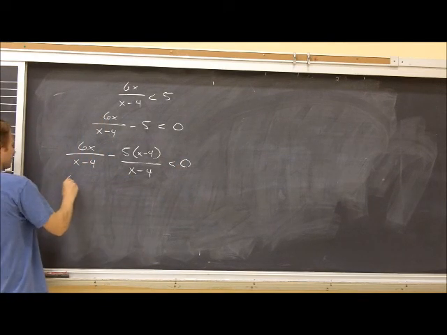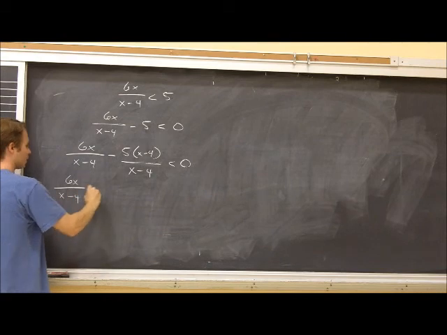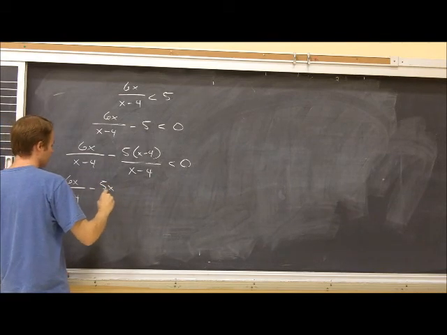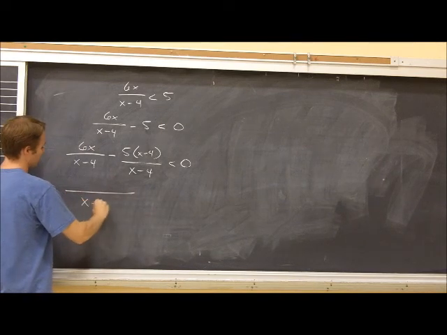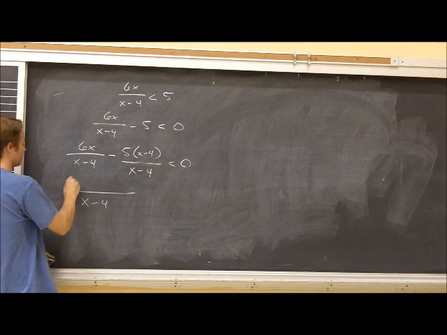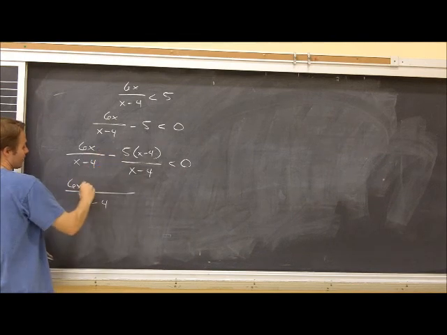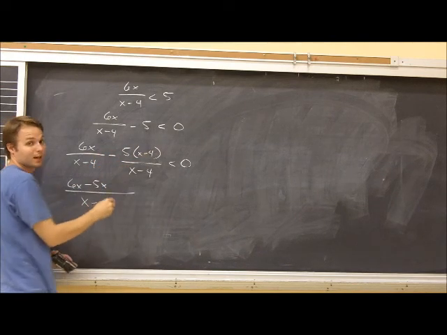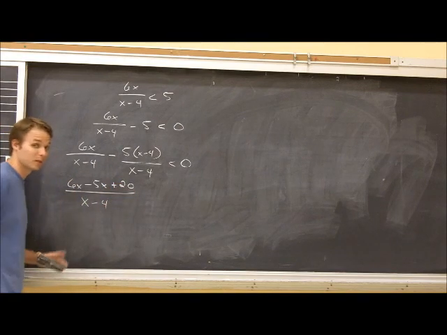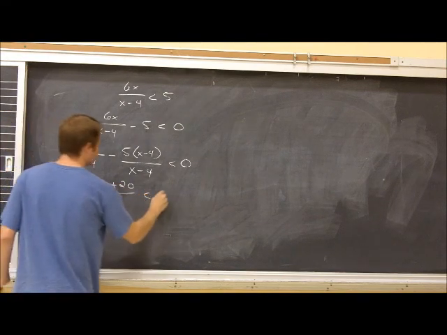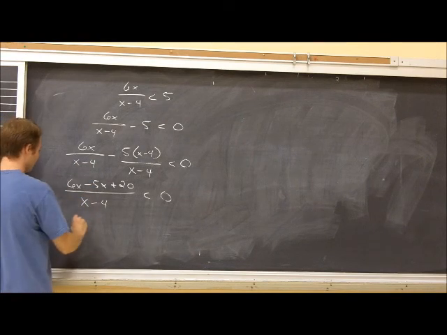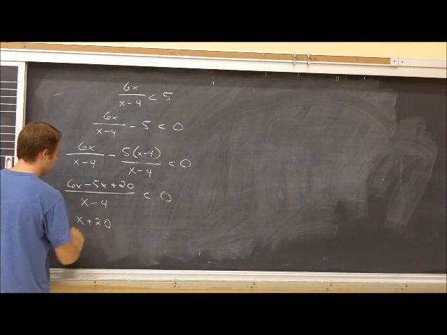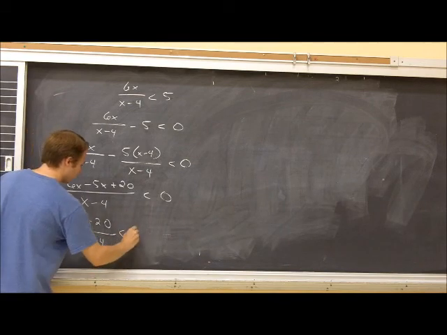We'll go ahead and combine these to make it a little easier to look at. Since the fractions have common denominators, the denominator will be the same. So this will be 6x, negative 5 times x is minus 5x, and then negative 5 times negative 4 will be a positive 20. So be careful with your signs here. This is all going to be less than 0. So 6x minus 5x will be 1x, and then plus 20, all over x minus 4, less than 0.